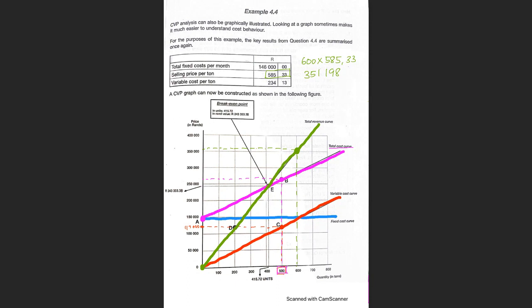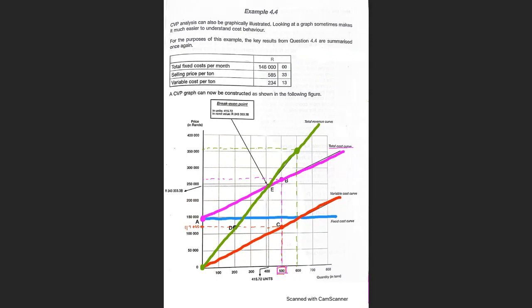Okay, so that's how you drew up the curves: your variable cost curve, your fixed cost curve, your total cost curve, and then the total revenue curve. Then you locate your break-even point, where the total revenue curve intersects your total cost curve.